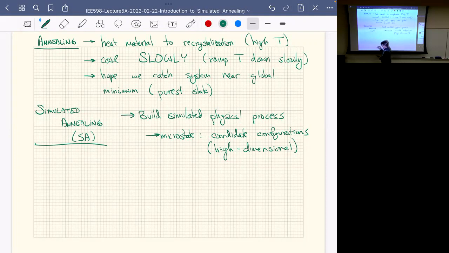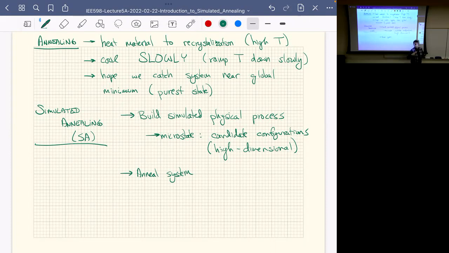And once we have that microstate on our fake physical system, then we anneal the system. So we allow the system to search from microstate to microstate based on that simulated physical process. Just like the ball, as it naturally bounces, just because it has a little bit of energy in it, we're going to put some energy into our simulated microstates and allow them to bounce from configuration to configuration. And that will allow them to explore the decision space.